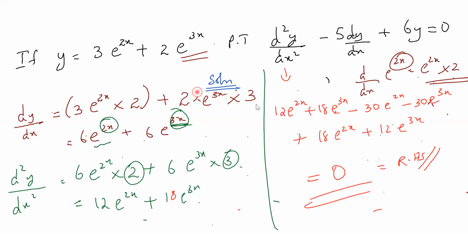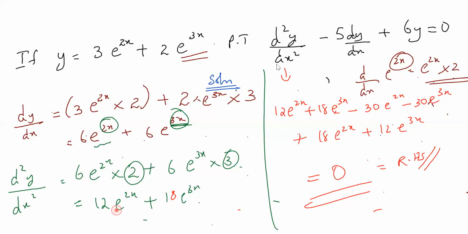Then I'm multiplying 2 and 3 here, 3 and 2 here. Then one more time I'm taking differentiate. Why? Because in the question it is d square y by dx square, double differentiation. Correct? So 6 e power 2x and e power 2x is multiplied by 2. e power 3x is multiplied by 3. So 6 e power 3x into 3.